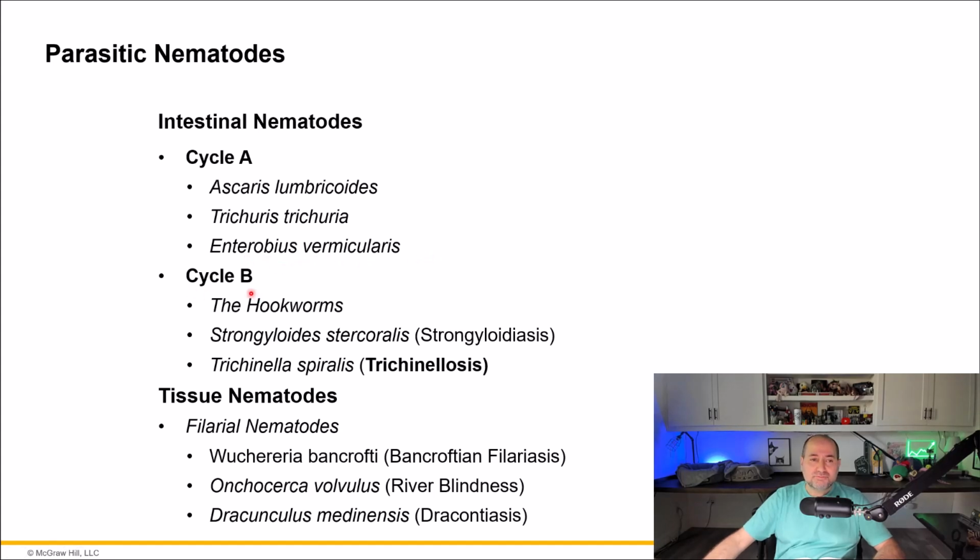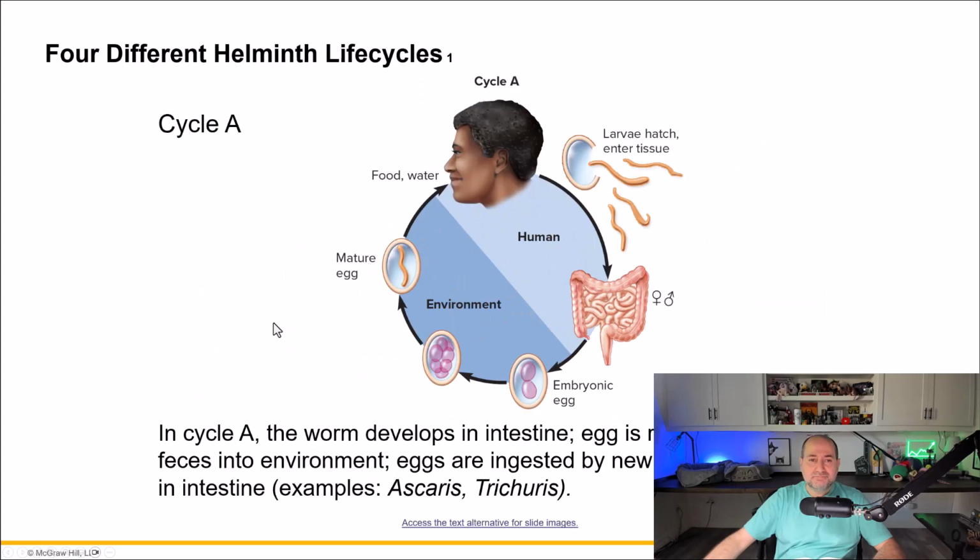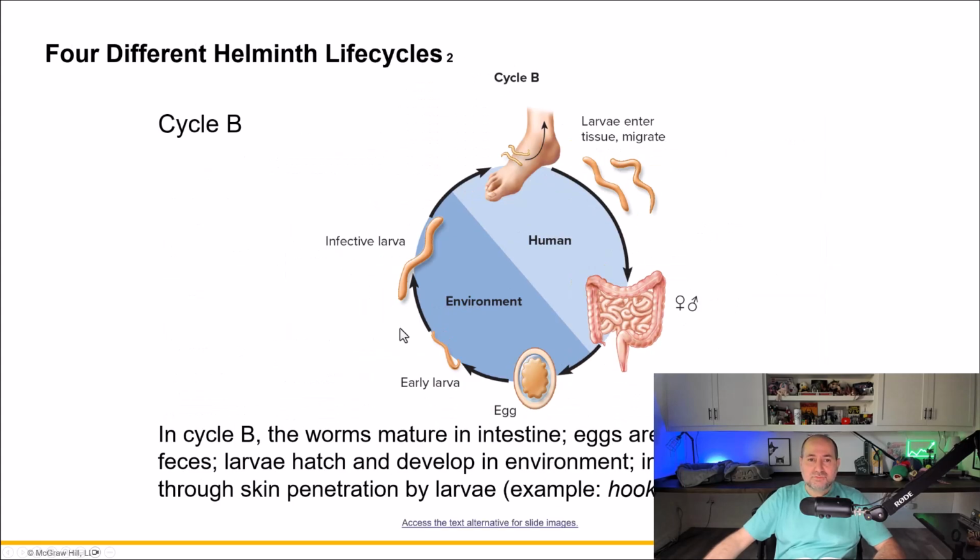There are cycle B worms. Remember cycle B? In cycle B, the egg is passed in the feces, the egg hatches into an early larva, and then that infective larva penetrates through the skin. Remember that? And then those larvae migrate to various tissues and ultimately get into the intestines where they're passed again.